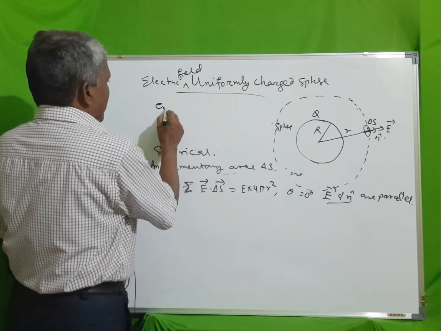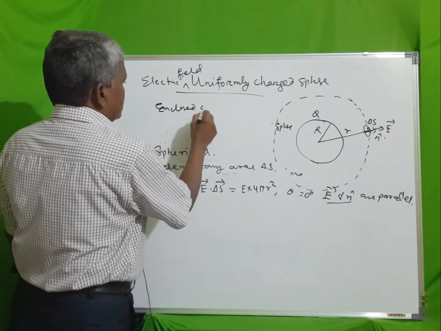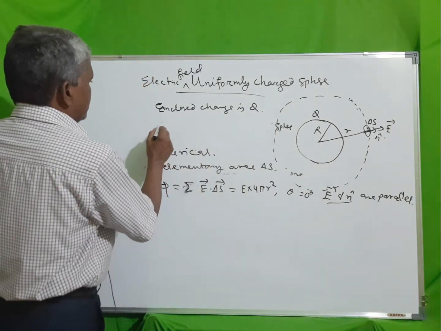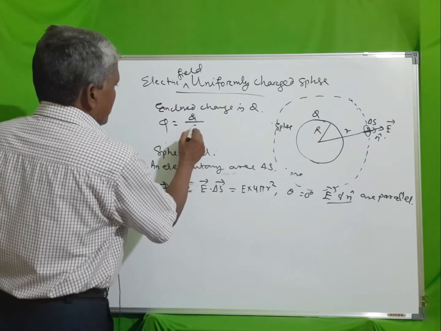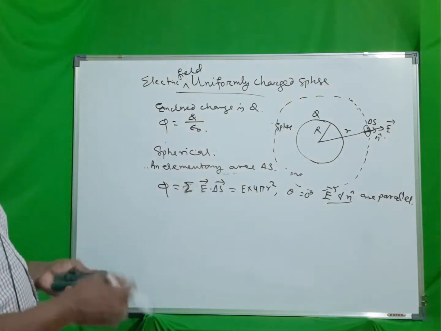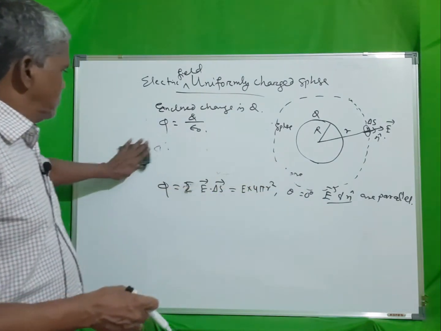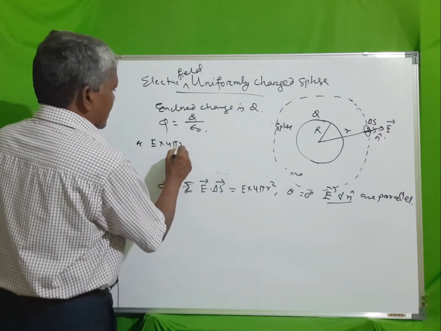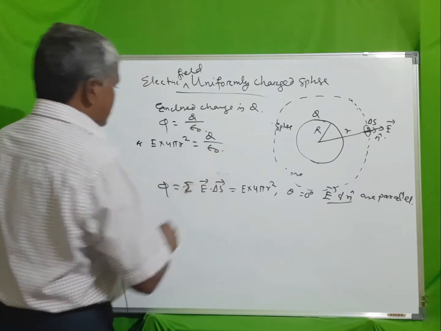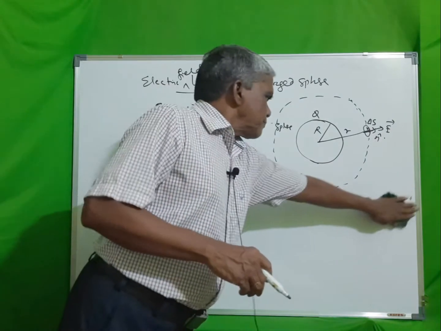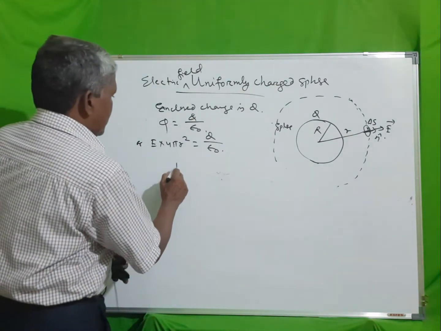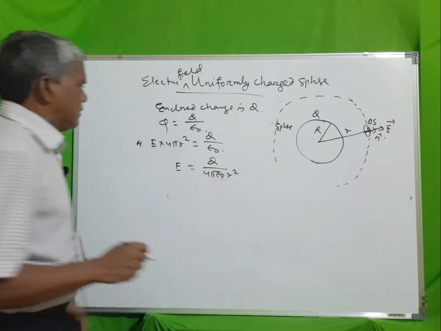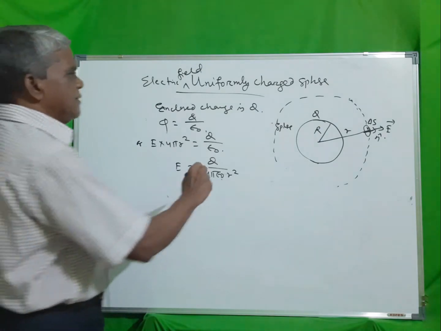The enclosed charge is Q. So according to Gauss law, phi is equal to Q by epsilon 0, or E into 4 pi r square is equal to Q by epsilon 0, or E is equal to Q by 4 pi epsilon 0 r square, and the field is along the radius vector.